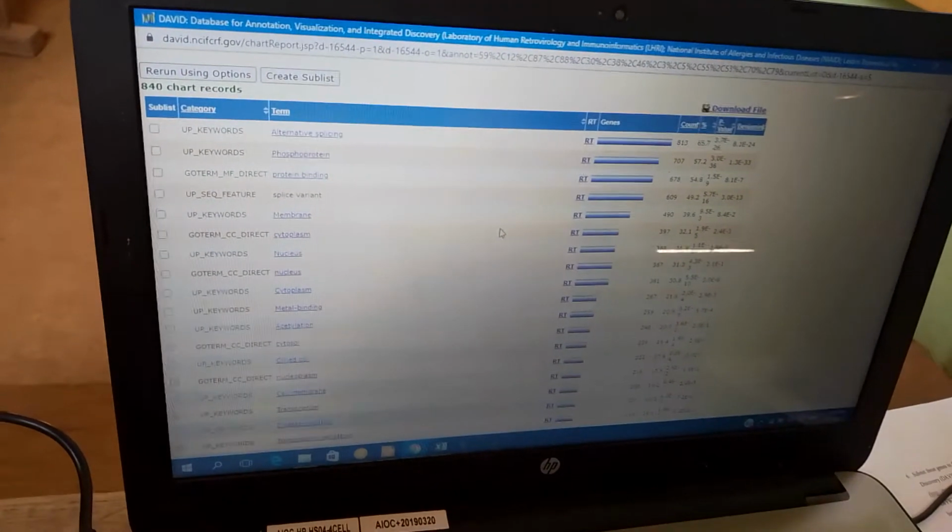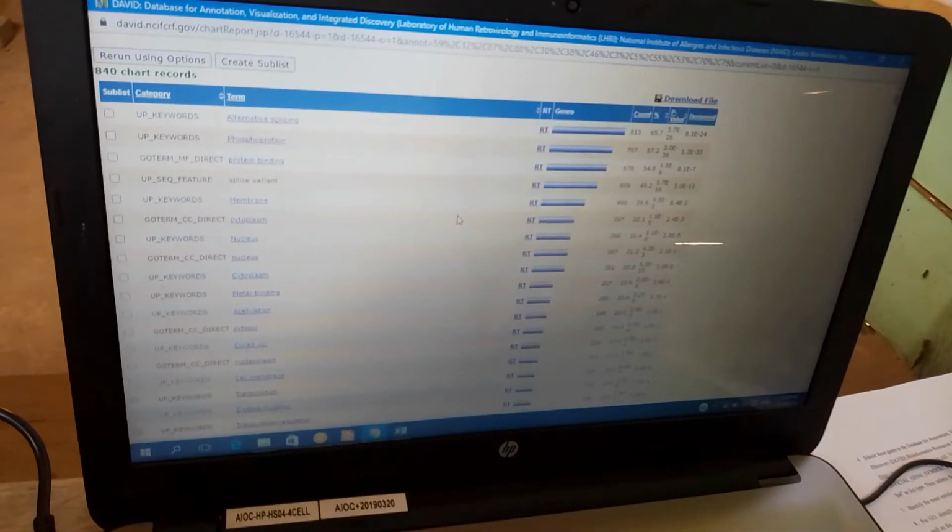Okay, so since we have arranged our table like this, we want to look for the most enriched pathways for gene ontology. And under gene ontology, we have 3 categories: biological process, molecular function, and cellular component. Okay?